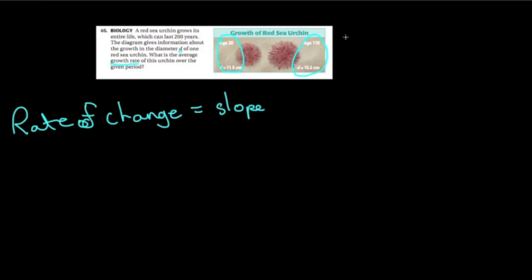The age is going to be your x-axis, because the age determines how large it's going to be, so age is x and this is y. So the first coordinate is 30, 11.9, and our second coordinate is 110, 15.5.